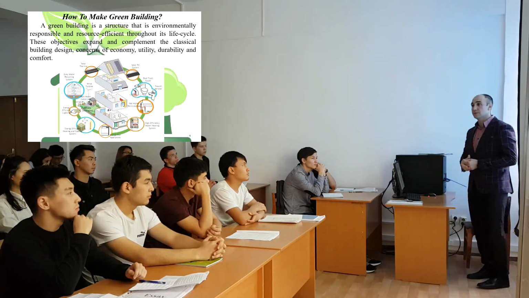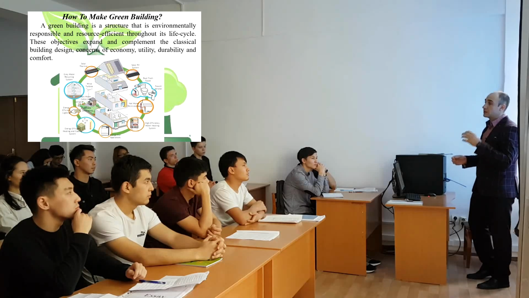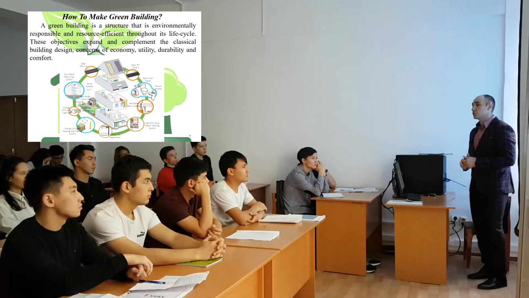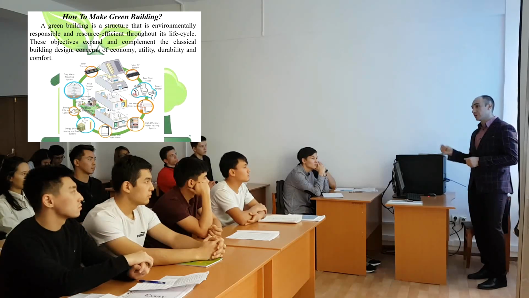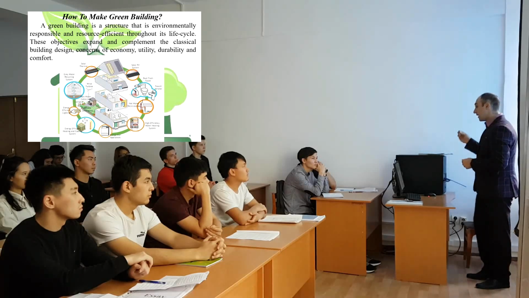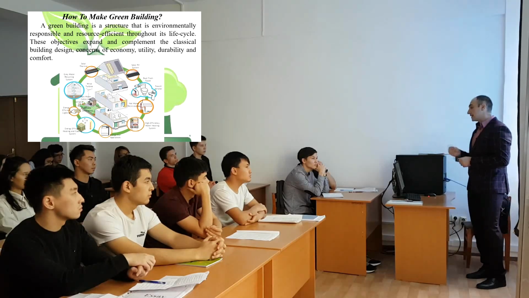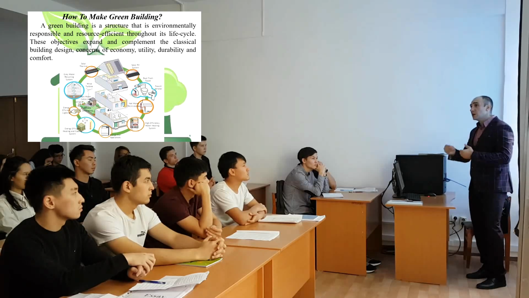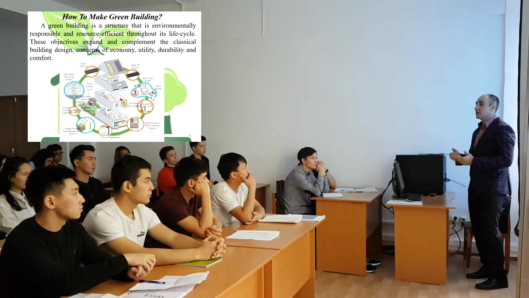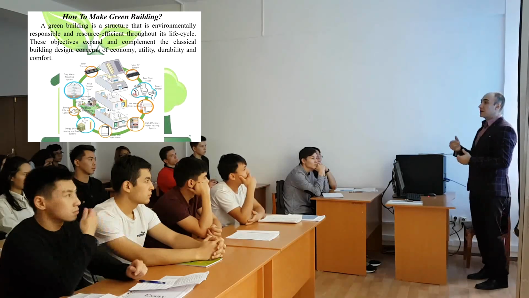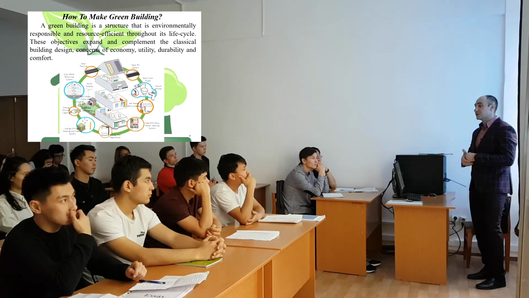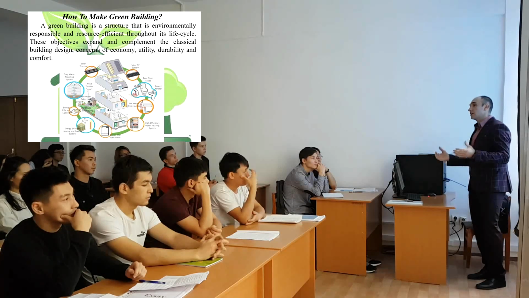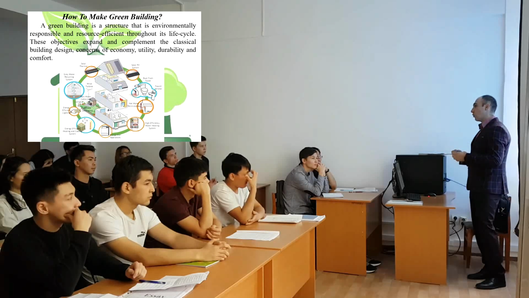Try to find information about the latest buildings which were constructed using these green building methodics. And an important thing, through your life, your period of study, your work experience, try to understand how old buildings work.